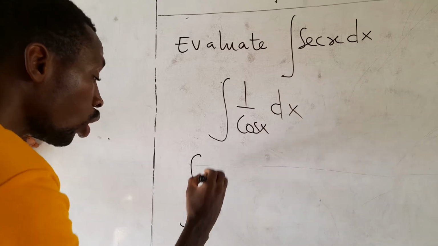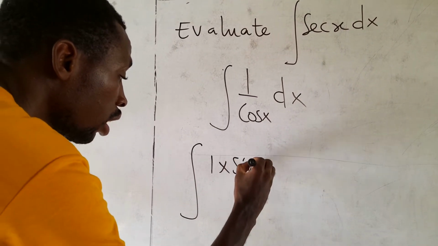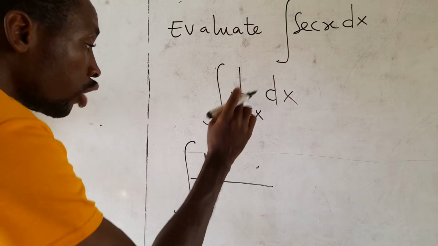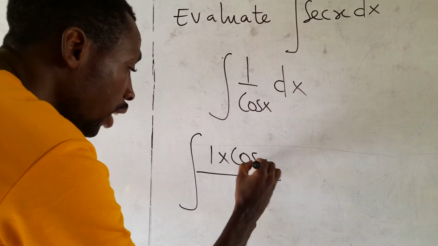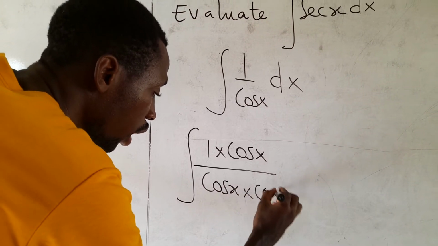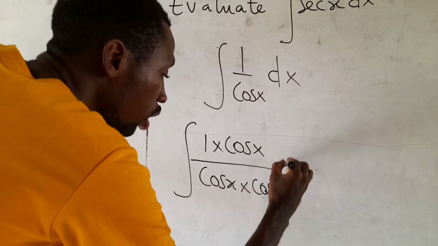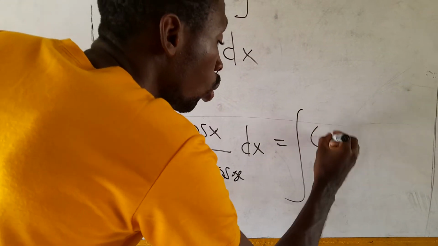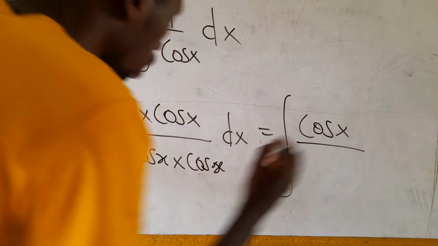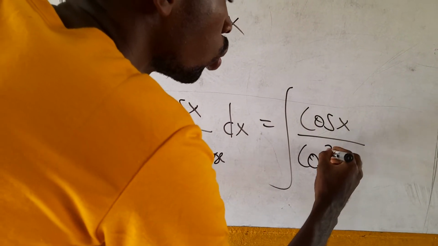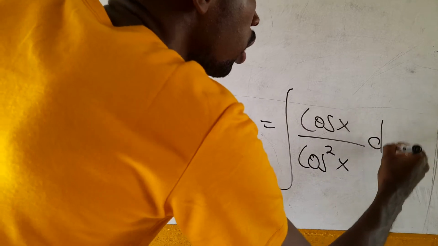So we say this will be 1 times cos x over cos x times cos x dx. So what do we have? 1 times cos x will be cos x. Then cos x times cos x will be cos square x dx.